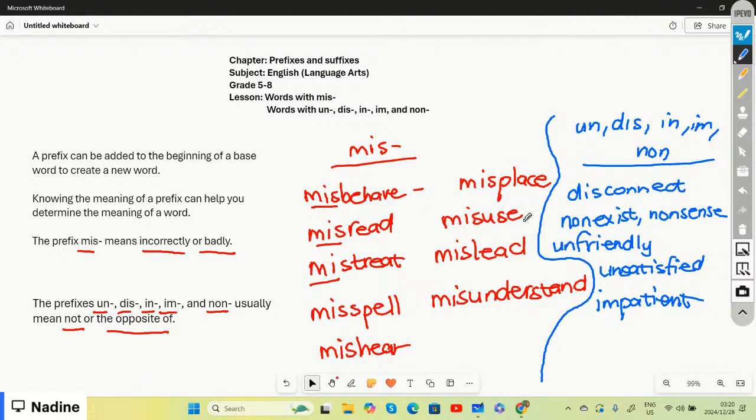We have disconnect. We can even say disagree, meaning that you don't agree with something. It's the opposite of agree, meaning that I do not agree with something. Disagree.